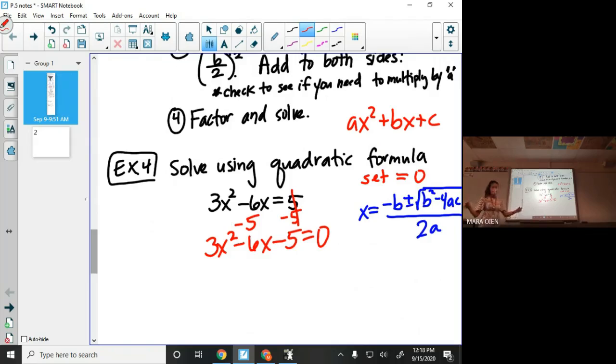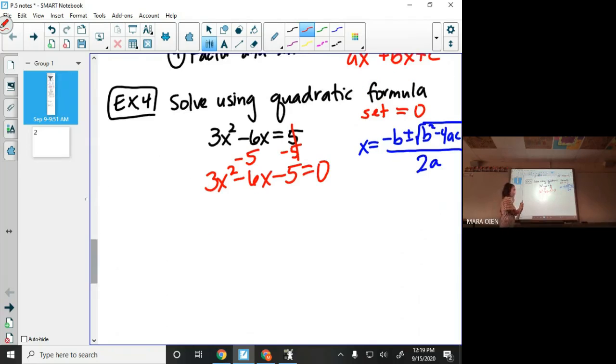That is exactly equivalent to this. I write it this way. Instead of saying x equals negative b, which a lot of people call it, I say the opposite of b because I want you to remember that if b was negative, you have to take the opposite and make it positive. So yeah, there's our quadratic formula.